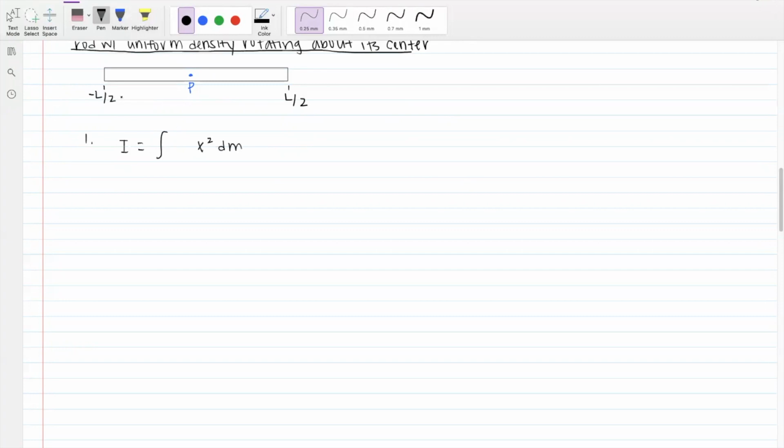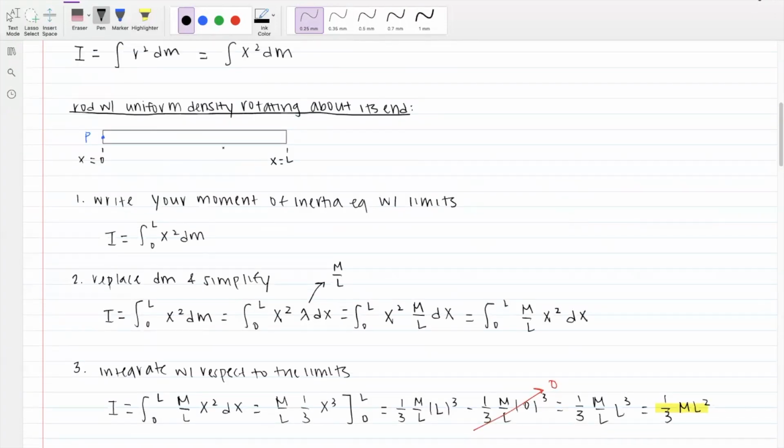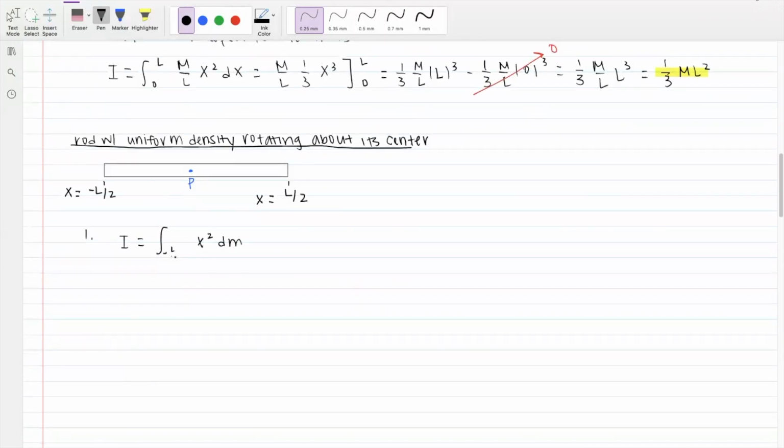Now the limits in this case are going to be from negative L over 2 to L over 2. So you see how the limits are different in these scenarios? Again, these are defined by their relation to the pivot point.